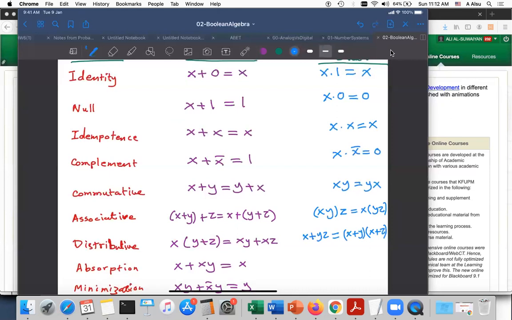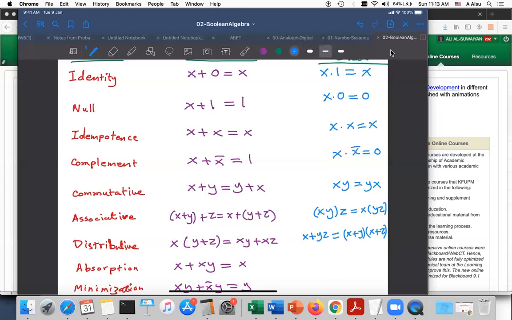All right. What about absorption? The absorption law is this: x ORed with xy is equal to x itself. So who can tell me how we can prove this using the relations that we learned about last time?